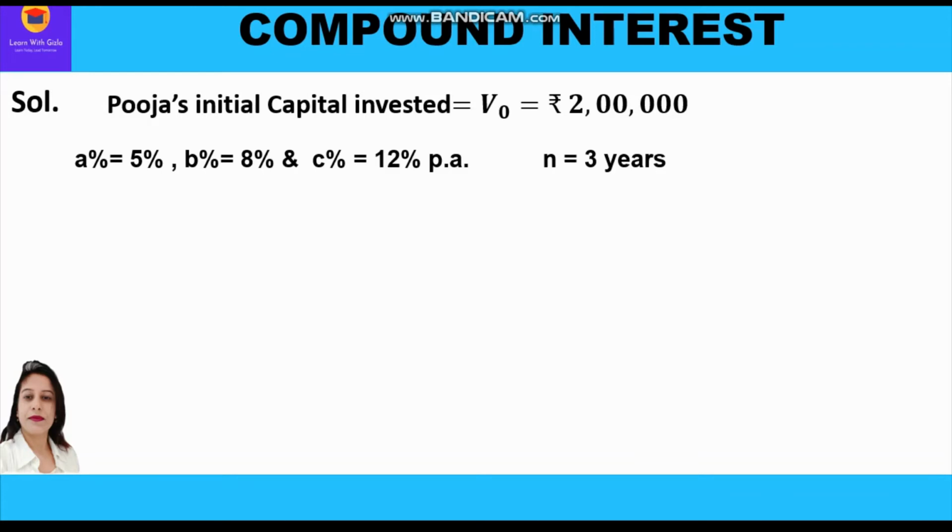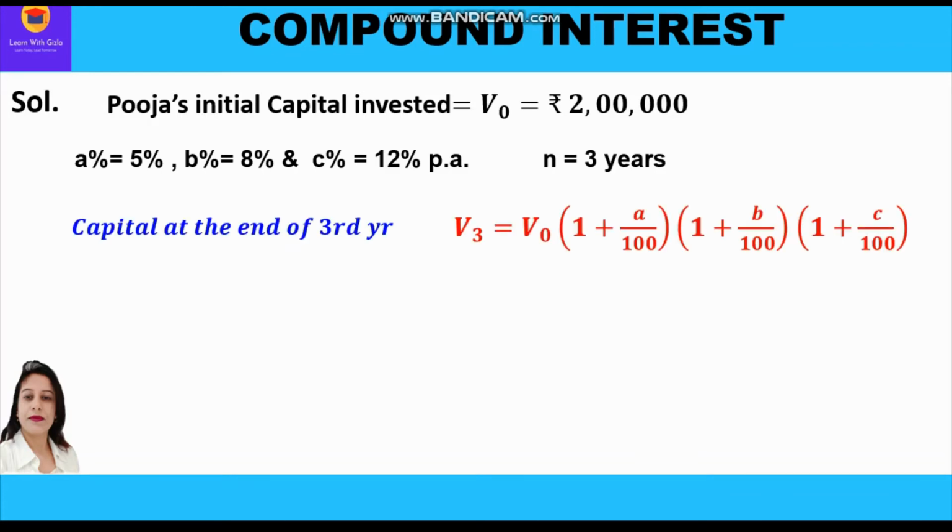So the capital at the end of the third year is given by the formula V3 is equal to V0 in bracket 1 plus A upon 100 into 1 plus B upon 100 into 1 plus C upon 100. Now if you observe, we have used a plus sign in all the brackets because every year there has been an increase in terms of profit.